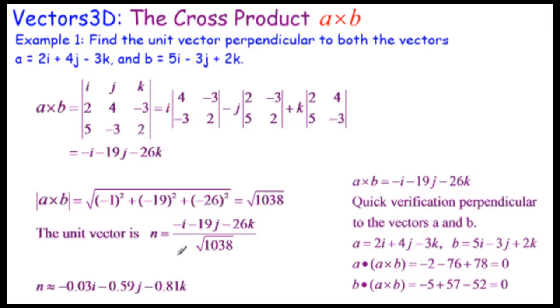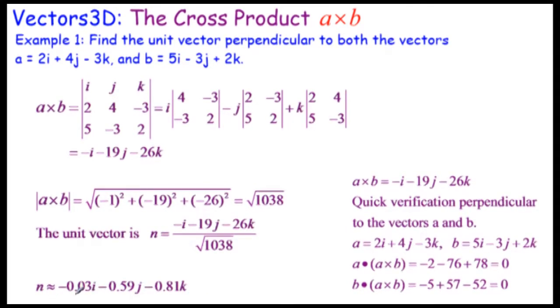The length in 3 dimensions is the square root of minus 1 squared plus minus 19 squared plus minus 26 squared, which equals the square root of 1038. So you get the vector and divide it by its length to get what's called the unit vector, which is roughly minus 0.03i, minus 0.59j, and about minus 0.81k.